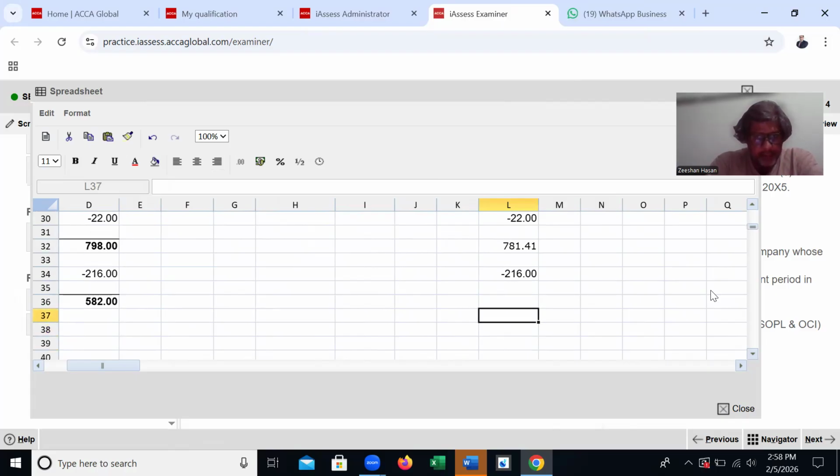Then we will get profit for the year, which is equal to 781 plus 200 is 565.41.